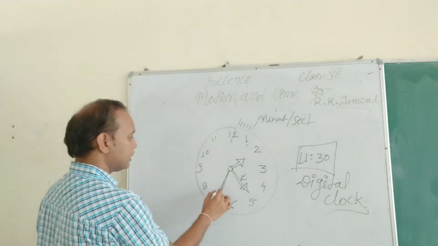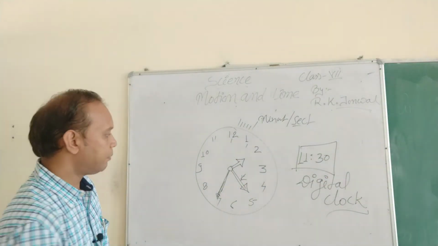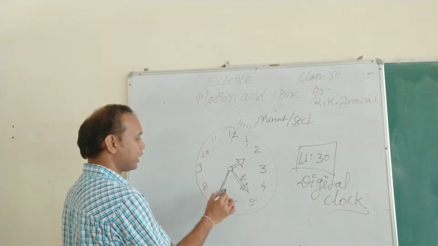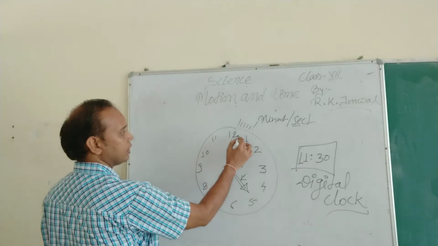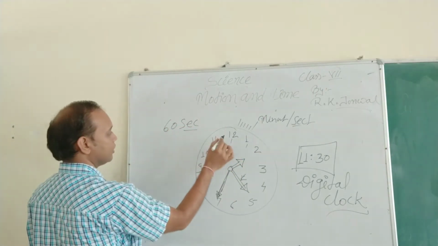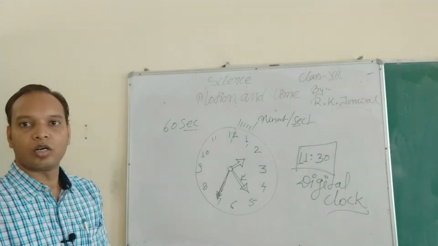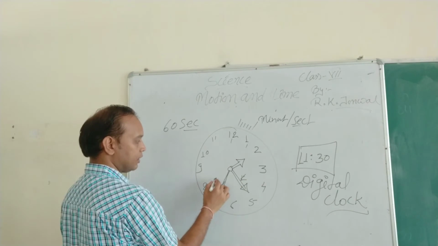If this needle covers these, then we can say it is the second. So with the help of this needle, we can identify the time. So you can see here is the total 60 seconds in this clock.